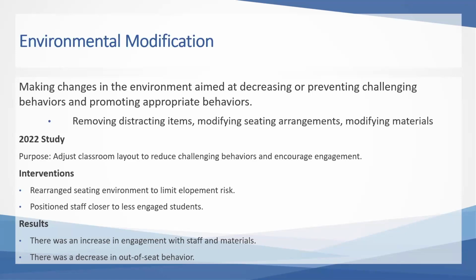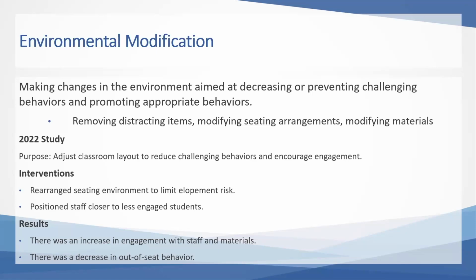To give a real-world example, there was a study conducted in 2022 that looked at how seating arrangements could reduce challenging behaviors, specifically out-of-seat behavior. And in this study, students who frequently left their seats were moved farther away from the door, which reduced the opportunity for them to leave the classroom. We also know this as elopement. At the same time, the staff were positioned closer to the students who were less engaged, which allowed for more immediate support and increased interaction.